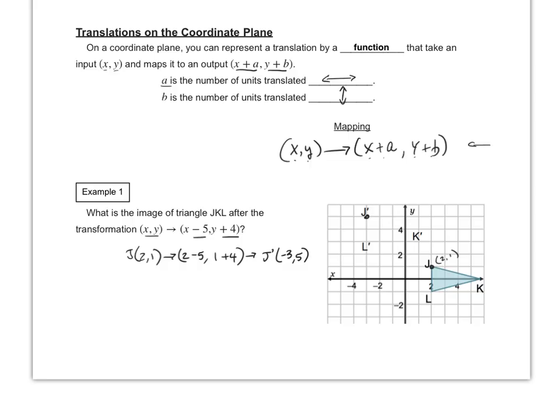And then, of course, if we were to do those transformations, mathematically, L is (-1, 2). So L prime is going to be -1 minus 5, and then my y value will be 2 plus 4, which maps to L prime (-6, 6).